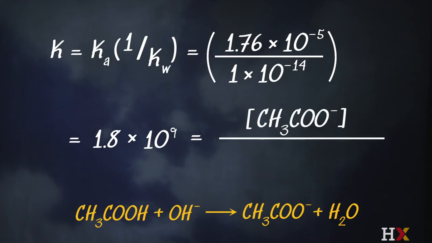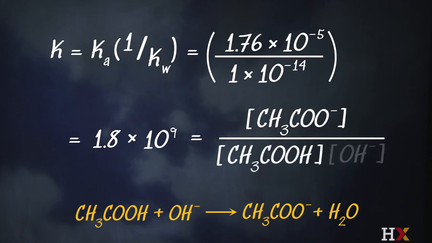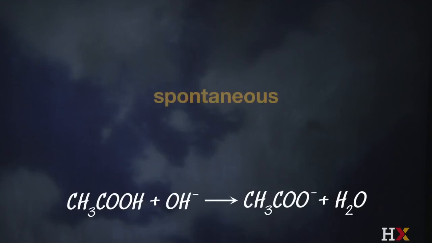And in the denominator, we have the acetic acid concentration and the hydroxide anion concentration. But this is a remarkable result. And so let's go back to our graphical representation of exactly what's happened here. This is spontaneous. That means that delta G is less than 0, and it proceeds from left to right.